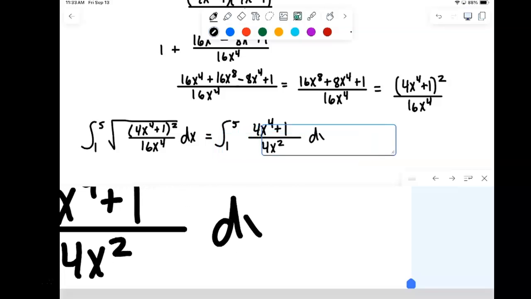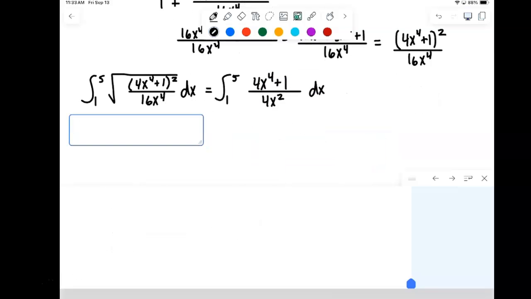And now we're on the home stretch of this integral.